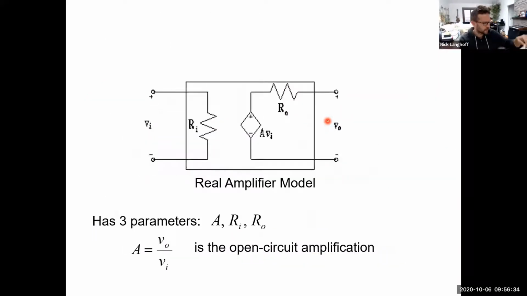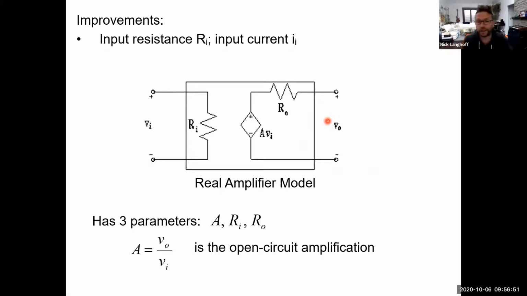All right, so let's then talk about some improvements we can make to the ideal model, because those ideal characteristics are not achievable. There's always going to be some non-zero input resistance, non-infinite input resistance Ri, and therefore there's going to be some input current into the system here, right?